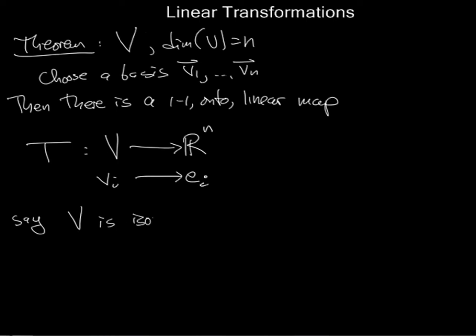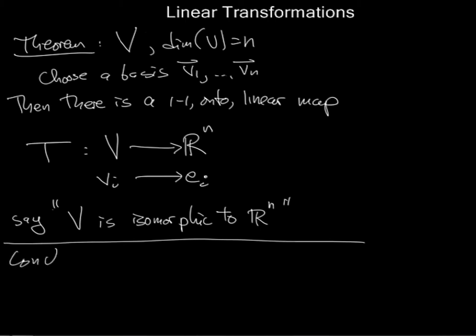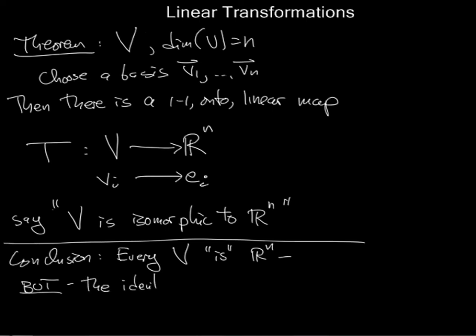And we say that V is isomorphic to Rn. And that's just a fancy way of saying that we can really think of V as being Rn. So that's what I mean by saying that every vector space, so to speak, is Rn. But it's really important to keep in mind that the identification of this vector space with Rn depends on the choice of basis of V.